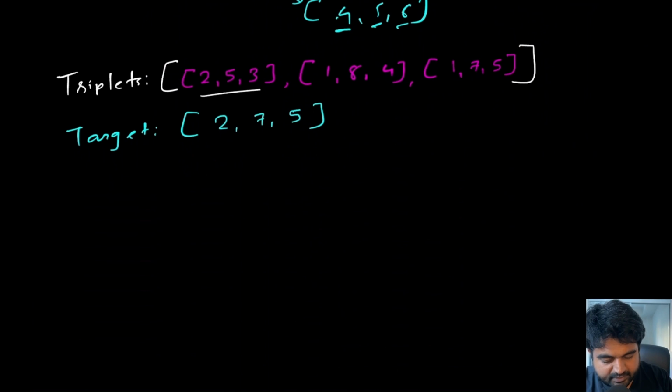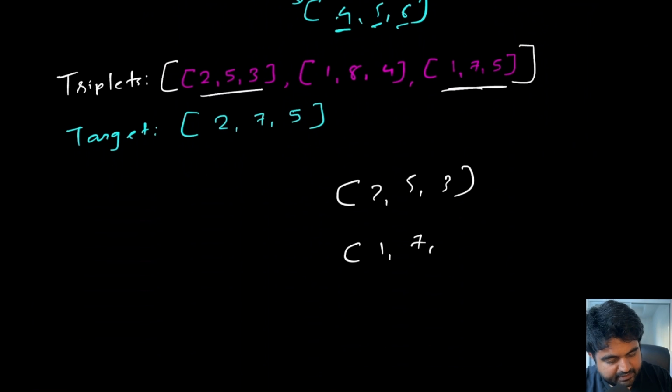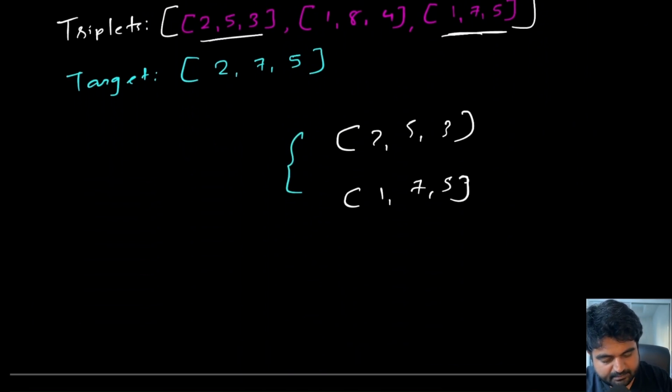Let's do the max operation between the two triplets with values 2, 5, 3 and 1, 7, 5. We pick the maximum at each position: the first value is 2, the second is 7, and the third is 5.